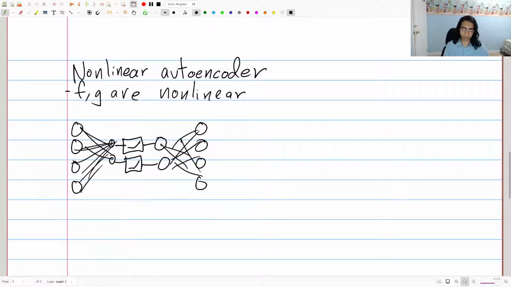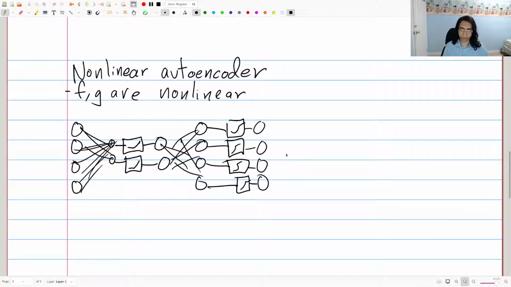Something like this, and we have some nonlinearities here. And we output some potentially different nonlinearities here, whatever you want. And this is our nonlinear autoencoder.